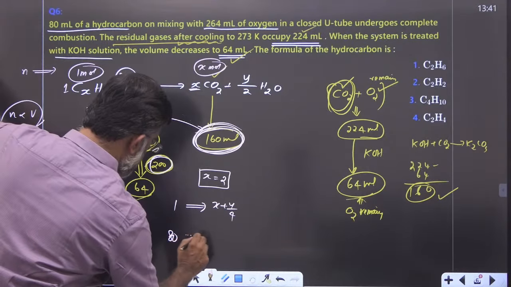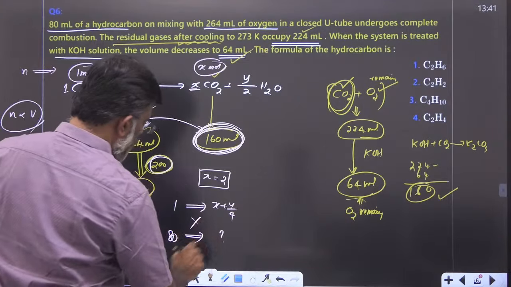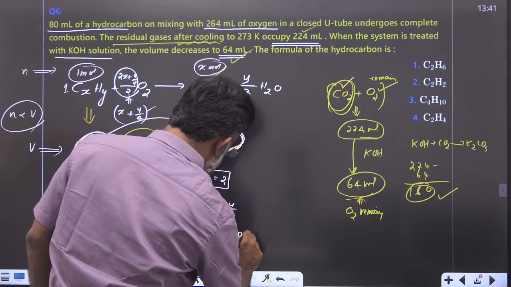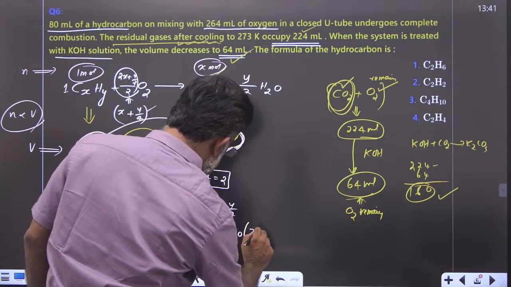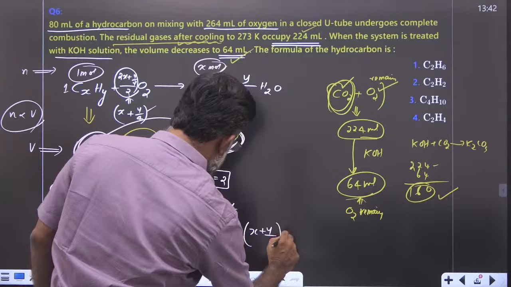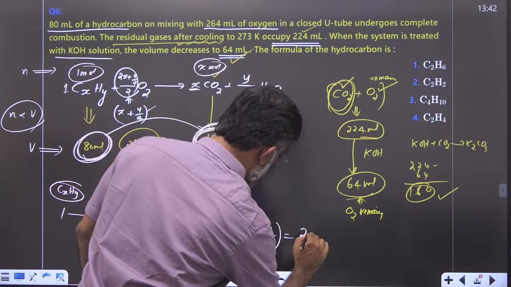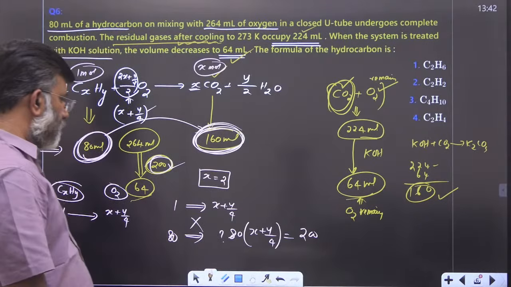Therefore, 80 versus how much? It is 80 into x plus y by 4, that is equal to 200.